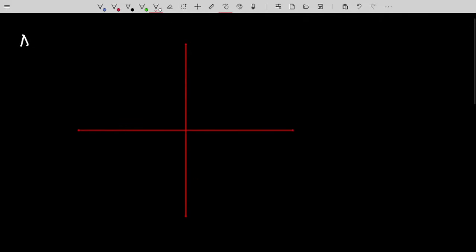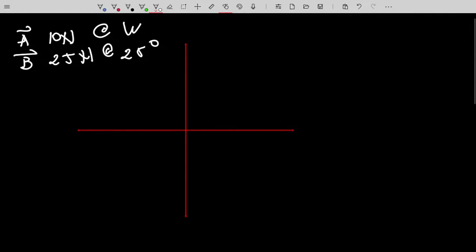What if your vector A and vector B have the following values? Vector A has a value of 10 newtons at west, and vector B is 25 newtons at 25 degrees south of west. Now let's graph it first.